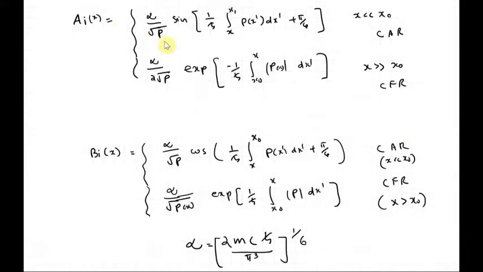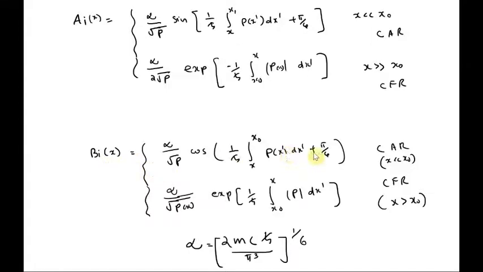So the final expression is going to be a of x of this form. On a classically allowed region, you will get an expression like alpha by root p sine of those quantities, as you know. And on the classically forbidden region, it's a decaying exponential function. So this is the way A I is getting modified.